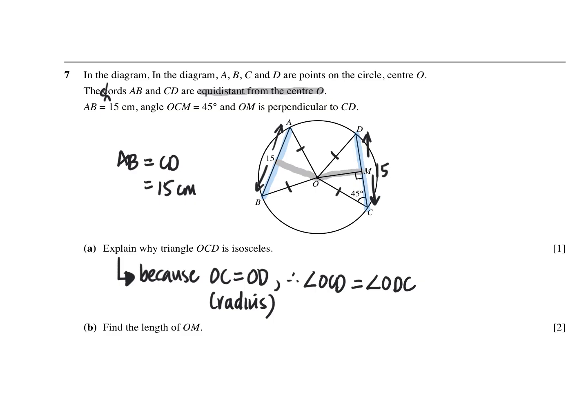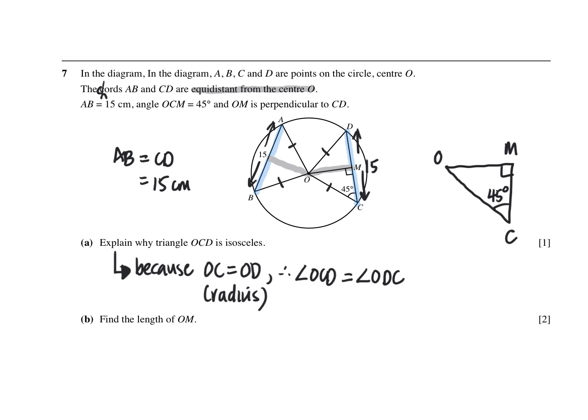So OF is Pythagoras theorem. Yes. So if we zoom into this O, M, and C, this is 45 degrees. I don't have OC, so cannot use Pythagoras theorem, but I can use trigonometry. What is this? 15 divided by 2, so 7.5. So what you can do is SOH CAH TOA.